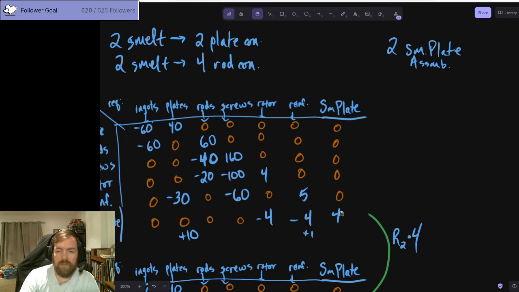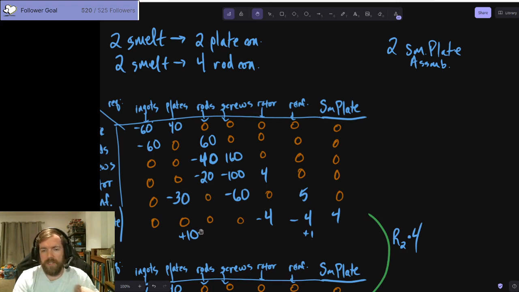Right, that can do 2 a minute, so we need 2 of them, and we end up with 4 rotors which go directly into the smart plates. 4 of the 5 reinforced plates go into the smart plates, and then we get 1 extra that comes flying out and we get to store.